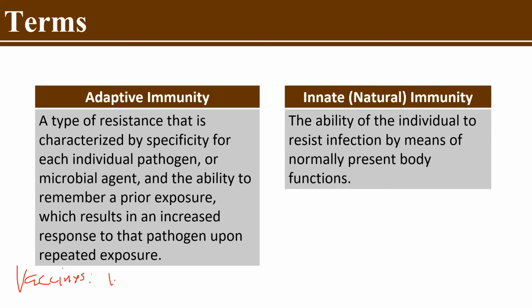Now, adaptive immunity class would usually involve your vaccines. Now, when your body gets infected, let's say by a virus, antibodies would be produced for that virus.